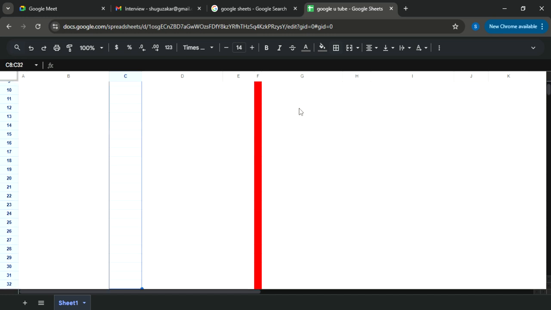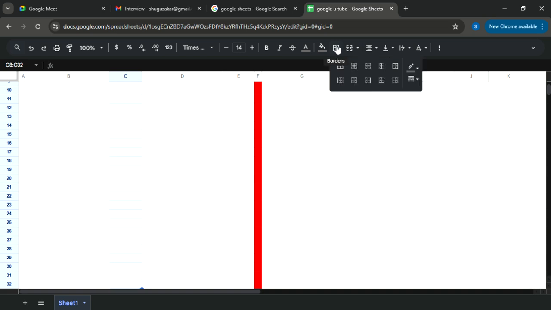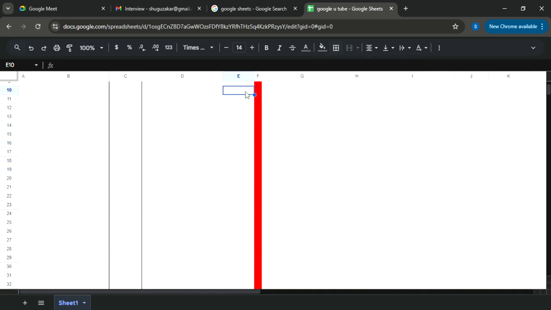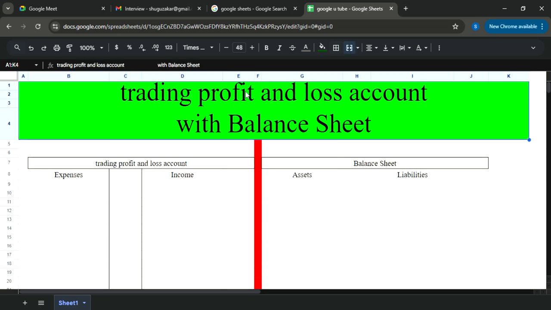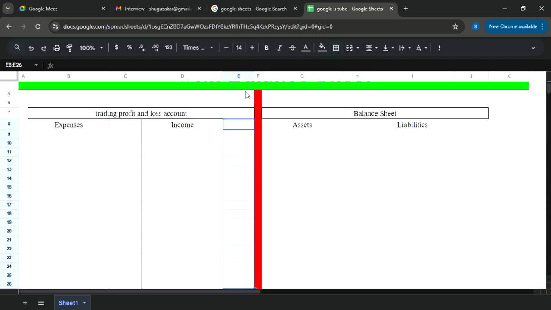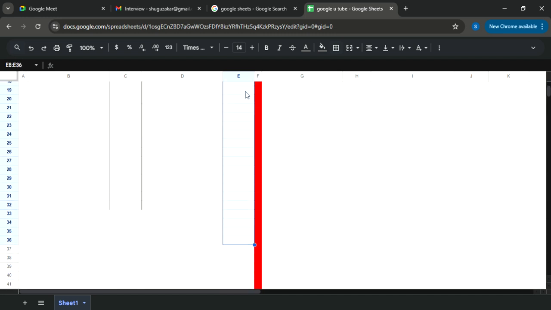Continuously it will be going downside, and you are going to create this column and a line on the right side. In a similar way, you will be creating another border line. This is the way we are going to make the pattern and proforma for making the trading profit and loss account.